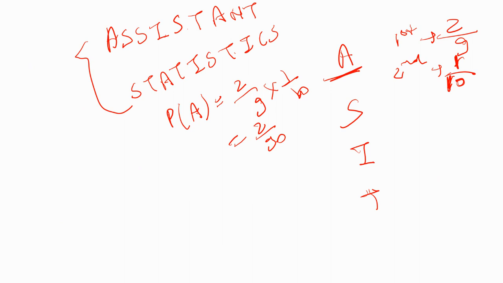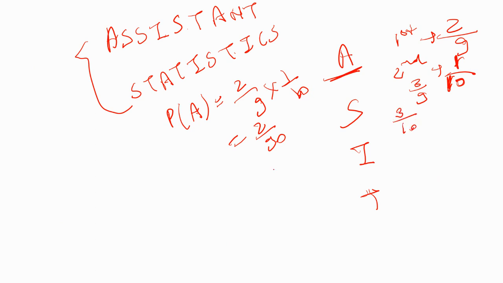Is anybody solving it? 6 by 90. Okay, so from the first word, what is it? I think 3 by 9, and from the second one it is 3 by 10.